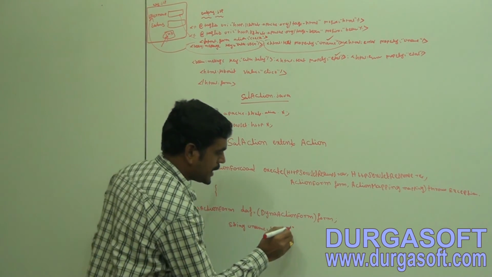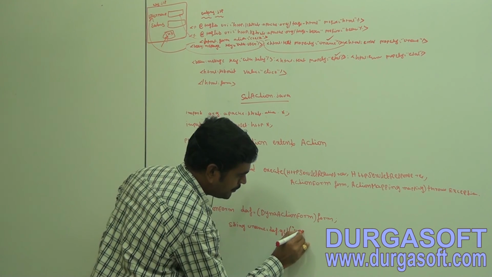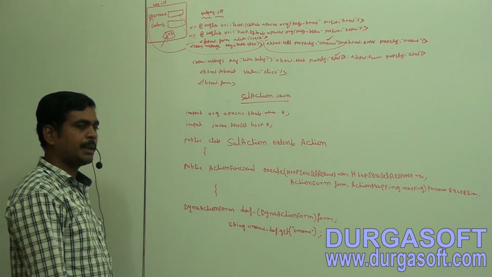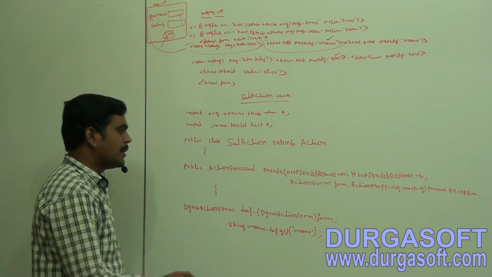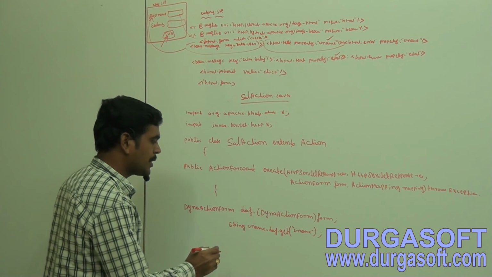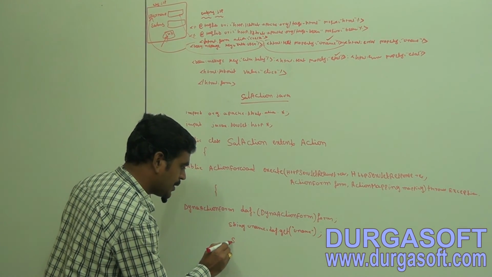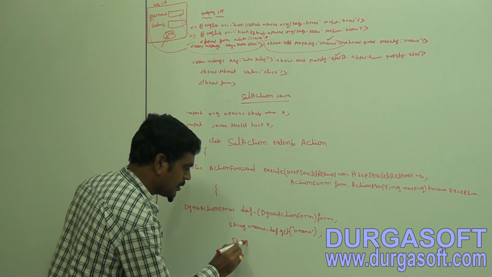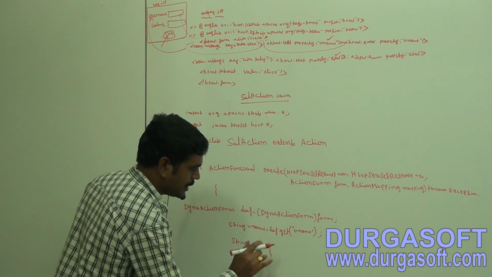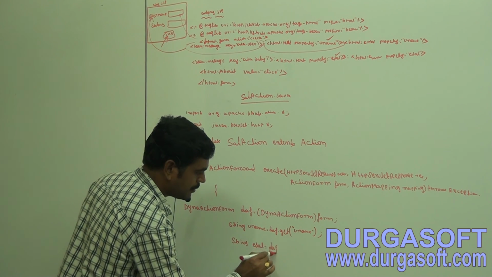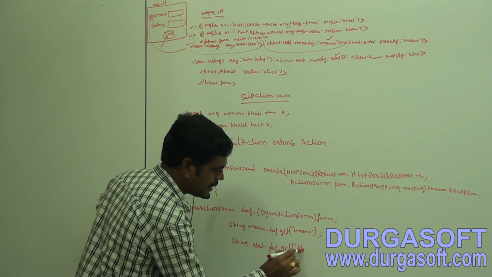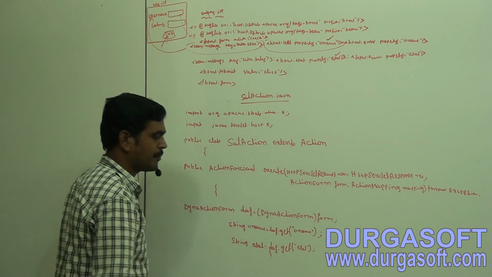We can pass the property name uname. Now I am getting uname. After that we need to get the salary, right? String isal is equal to daf.get of isal. I am getting it.